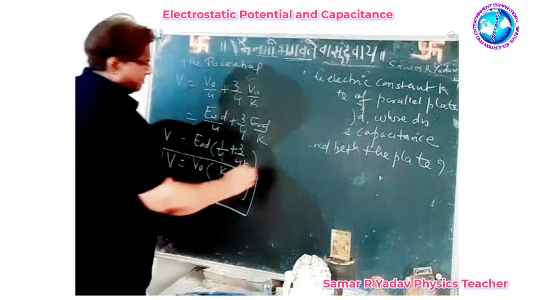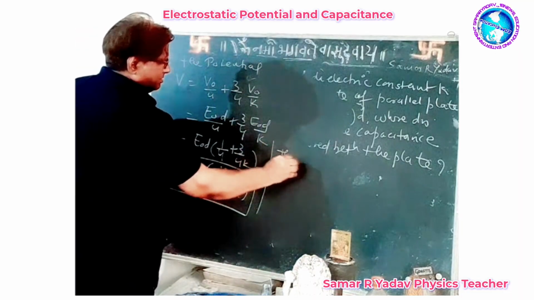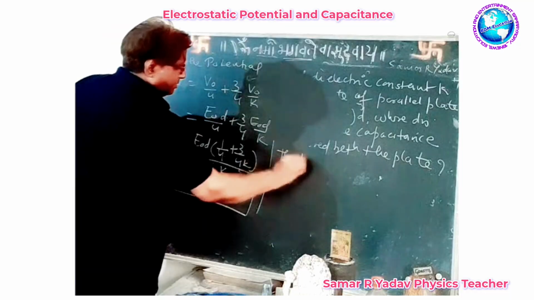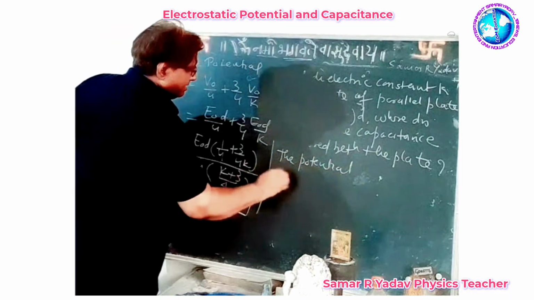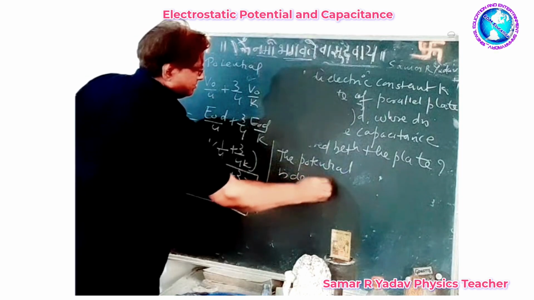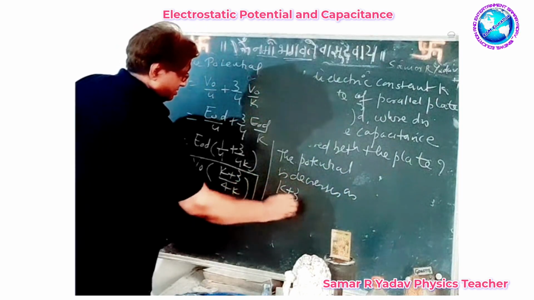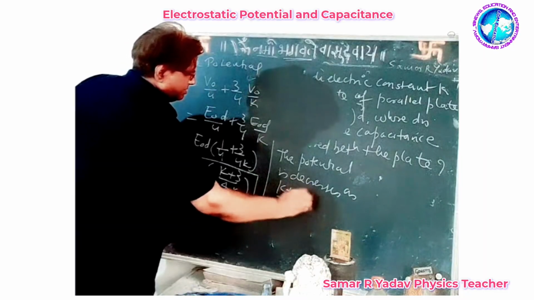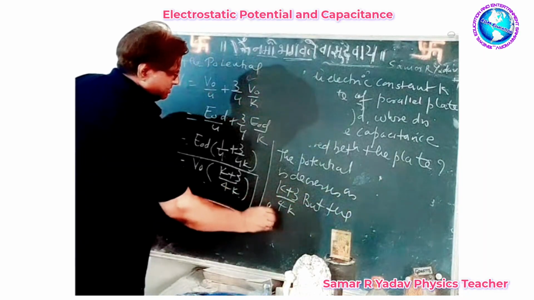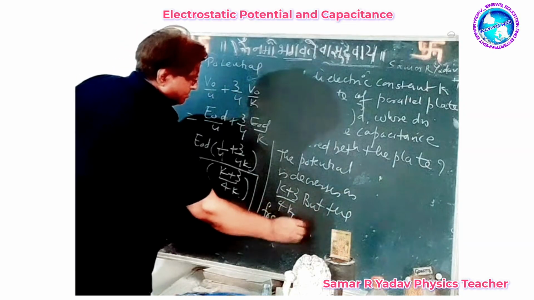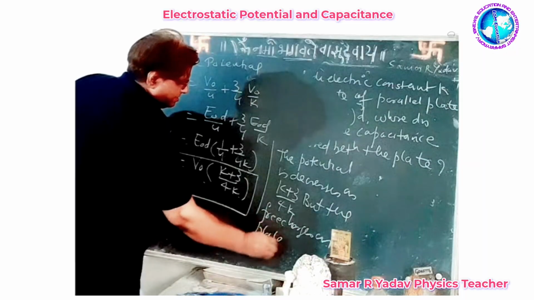Now here the potential decreases as K plus 3 upon 4K, but the free charges on the plate remain the same.